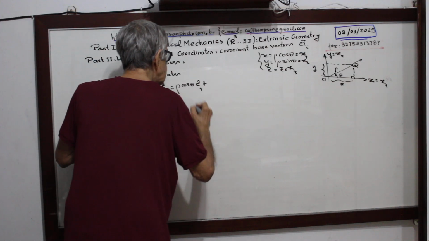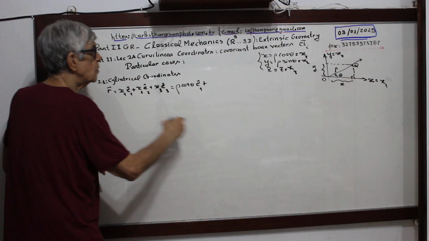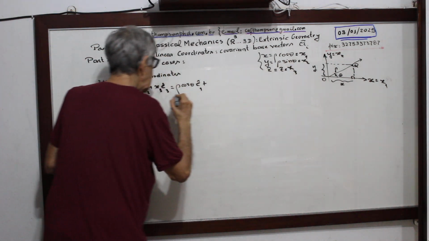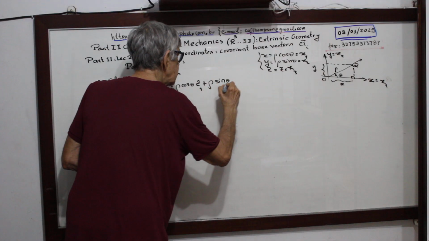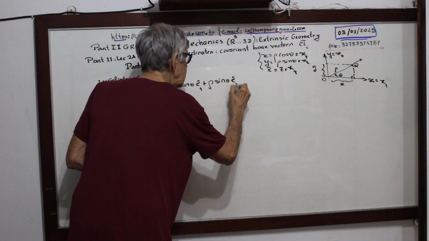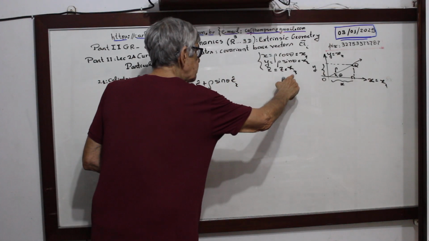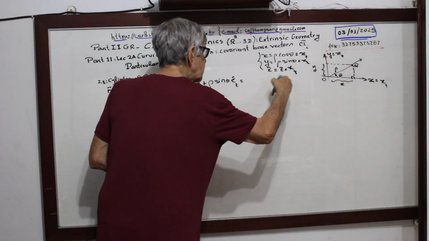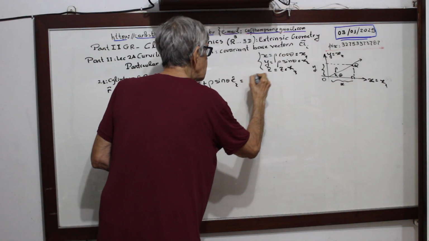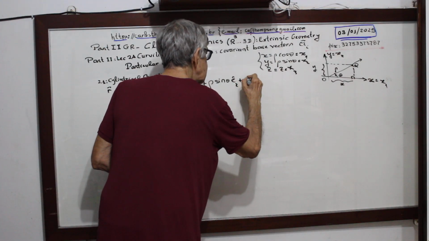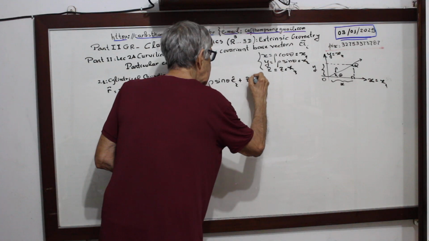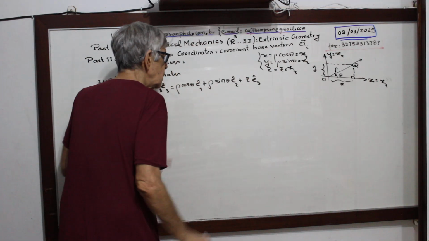u1 plus x2 is rho sine theta e2. That's the same as cylindrical and rectangular coordinates. So this will be z e3.